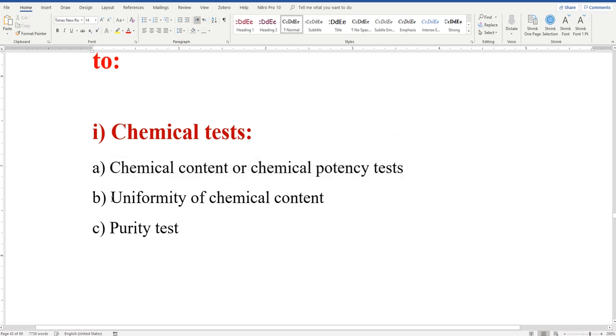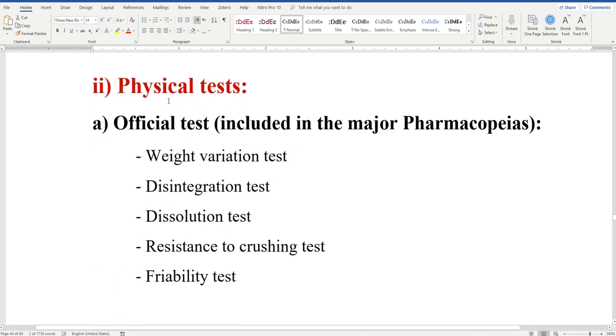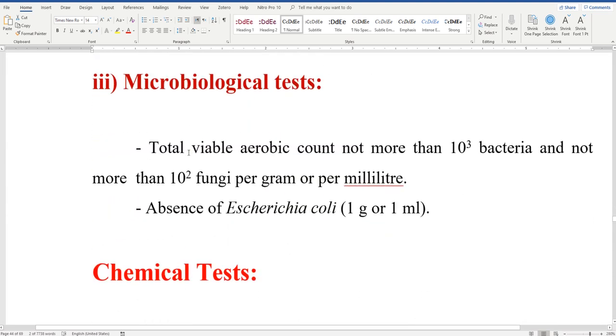Another test, which is different, is uniformity of chemical content. There is a big difference between both. Then I have the purity test. We will talk about these 3 in detail, and when we finish them we will talk about the physical tests.